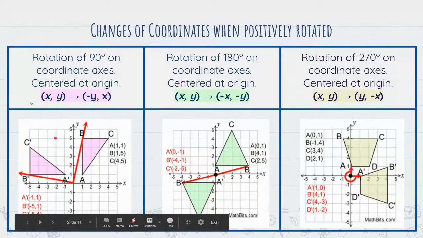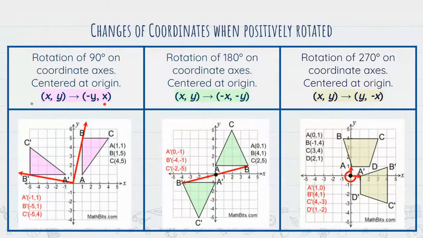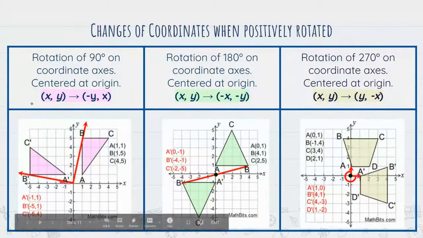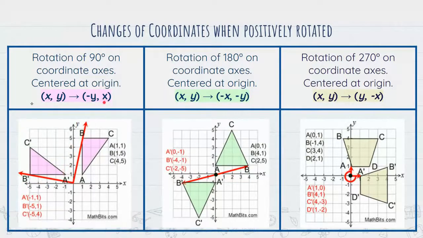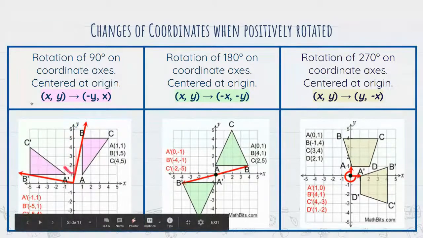Okay, so we move into quadrant 2, where we have a negative x and a positive y. So do not worry about that. Just make sure your signs match up. So you flip these coordinates, and make sure that my first coordinate should be negative, my x, and my second coordinate should be positive, my y.